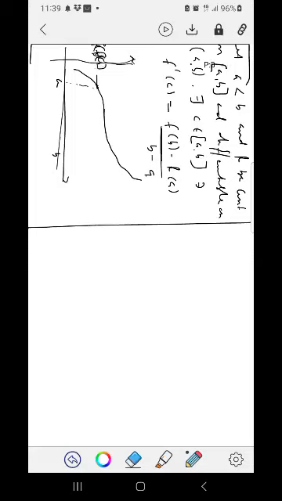Let me tidy that up. So we now have this place to be f of a.